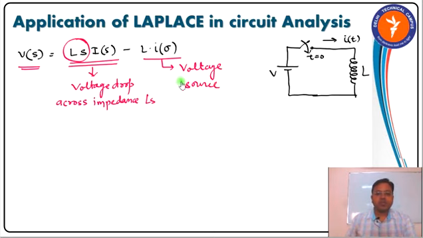So let us draw the equivalent circuit using this equation. See here, the applied voltage is equal to the voltage drop occurring in the circuit minus the voltage source. So we will connect this voltage source so that its polarity justifies this minus sign. Let us try to draw the equivalent circuit.